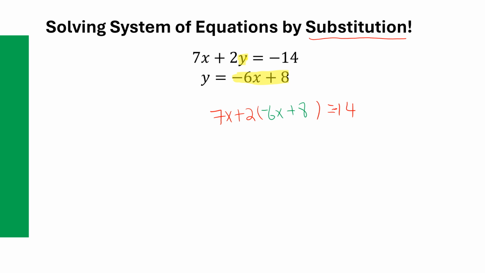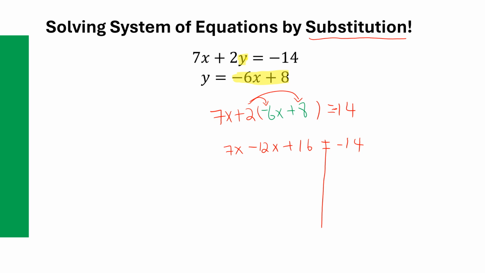First thing is we have to remove the parentheses by distributing the 2. So we have 7x minus 12x plus 16 equals negative 14. To solve this equation, we want to put variables on the left side and constants on the right side.